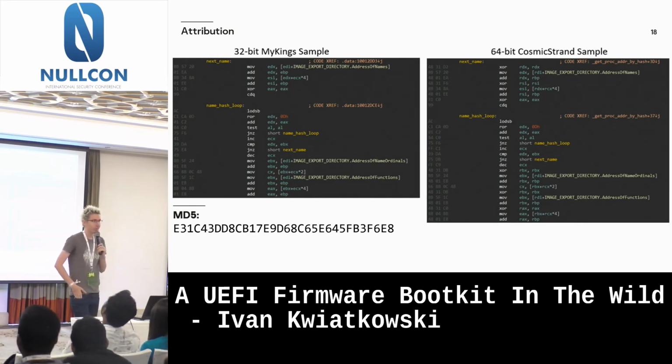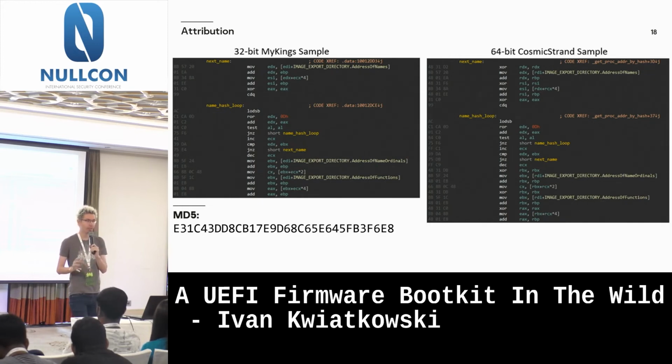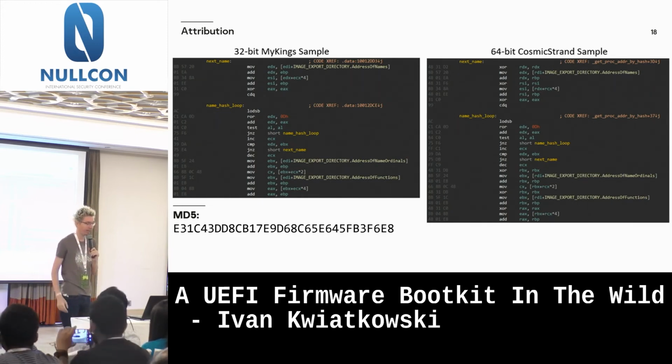We also cannot attribute this set of malware to a specific threat actor at this point, but there are a few hints in CosmicStrand that suggest its developers are either Chinese-speaking or made use of previously shared resources among Chinese-speaking threat actors.